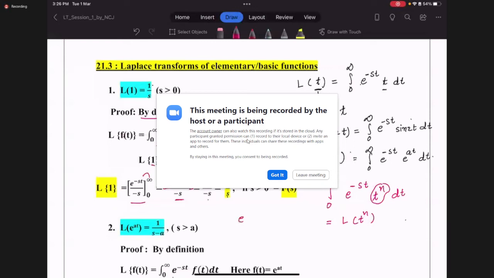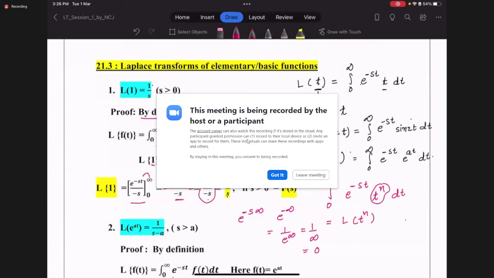So e raised to minus s into infinity will give you e raised to minus infinity. And e raised to minus infinity is 1 upon e raised to infinity, which is 1 upon infinity. And 1 upon infinity is what? 0. Okay. So this becomes 0. Minus e raised to 0 is minus 1.